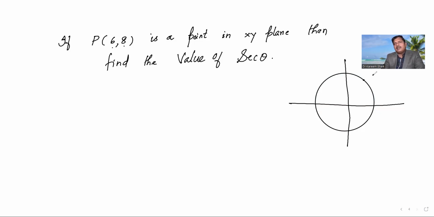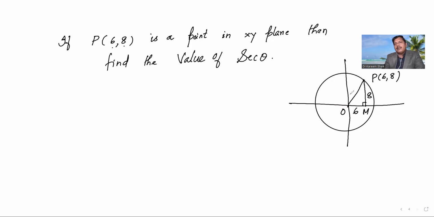Suppose this is the point P, 6, 8. Now I join P to the origin; this is nothing but the radius of the circle. If I draw a perpendicular on the x-axis, taking it as M and the origin as O, then OM is 6 units and PM is 8 units.